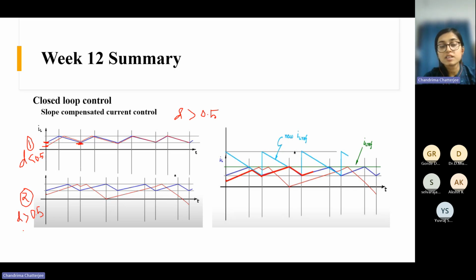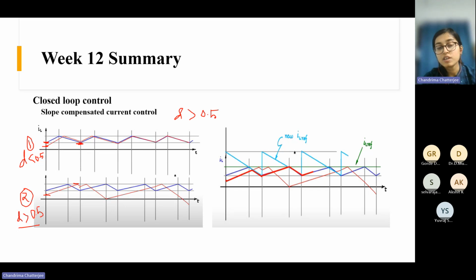But in the case of d greater than 0.5, what happens is, again, if there is some DC shift here, you see the current rises, and then here it hits the limit and then it drops. But it hasn't dropped to the level where it started.